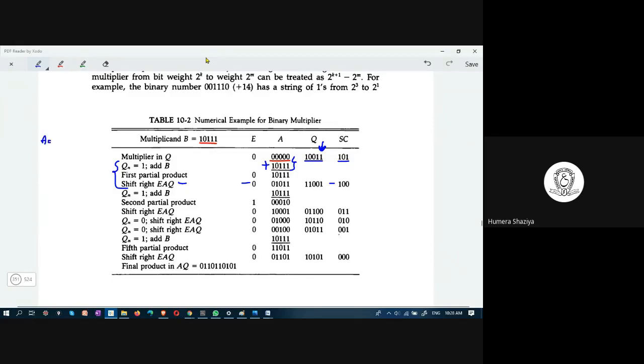For the first cycle, it is all zeros, 5 bits. And what is the multiplier? The multiplier is 19. This is 16, 17, 18, 19.